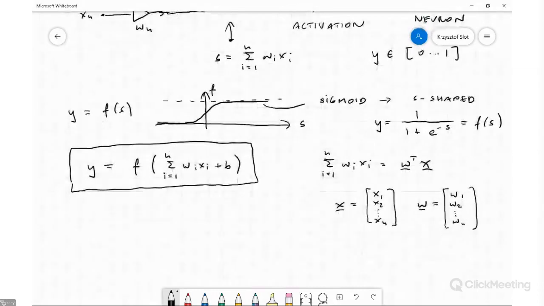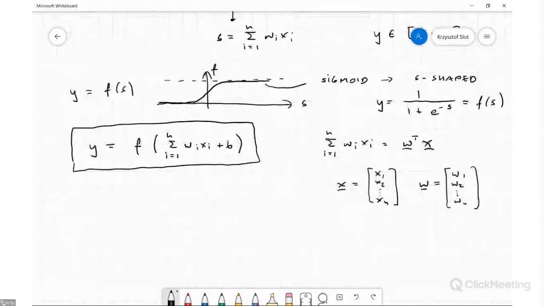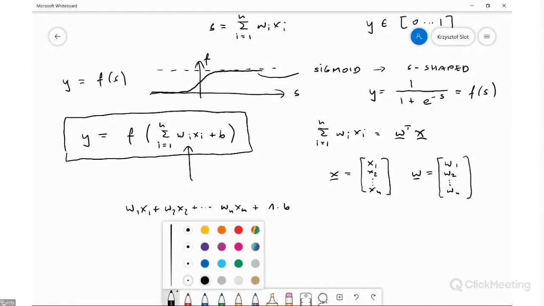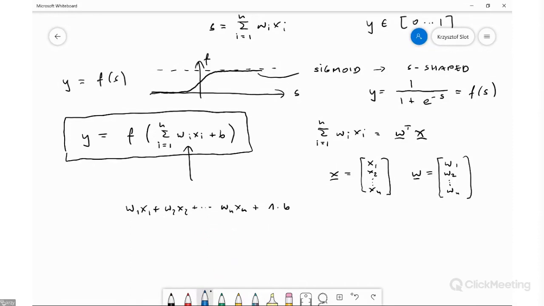One more modification that I'm going to introduce to simplify my description of a neuron: what is the state of a neuron? The state of a neuron is a result of this sum, W1x1 plus W2x2 plus the next products, and then comes B. But I can say that B is 1 times B. So I can extend my vectors and add one more component to each. In the first position of the parameter vector, I add B, and in the first position of the x vector, I add 1.